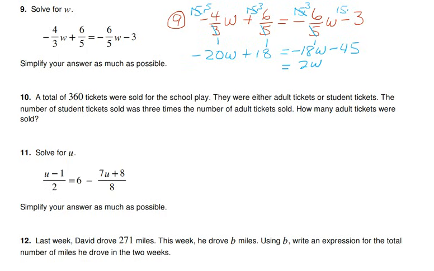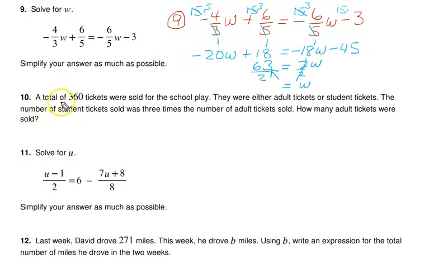And this becomes a 63, and we divide both sides by 2, and here the 2's cancel out, and we get w equals this. Now notice 2 doesn't go in there, so you could leave it as an improper fraction.